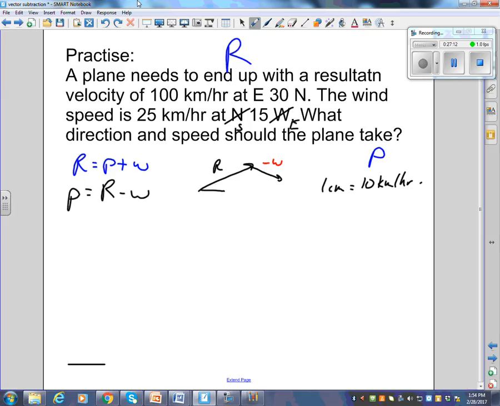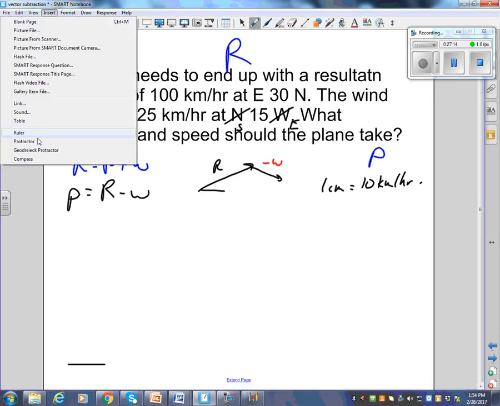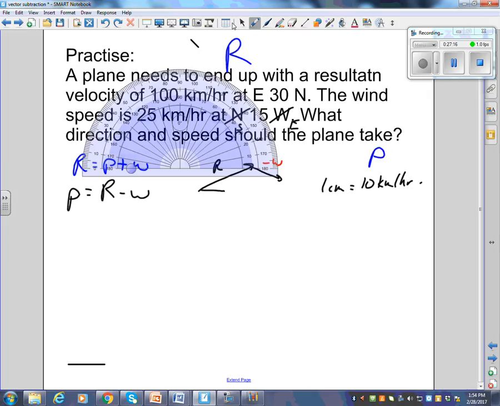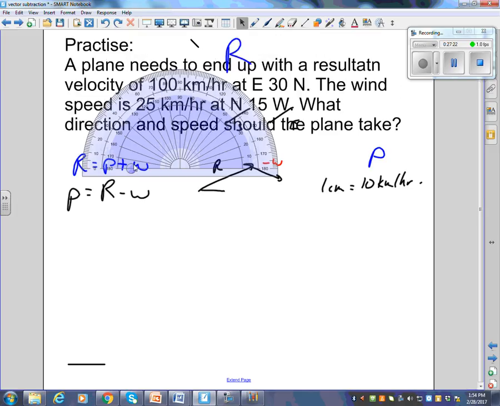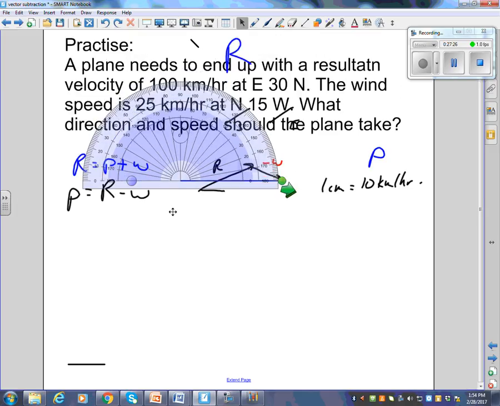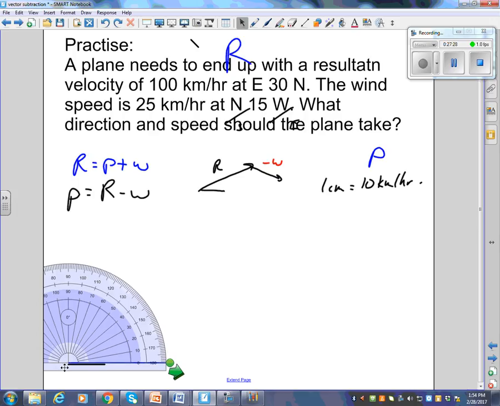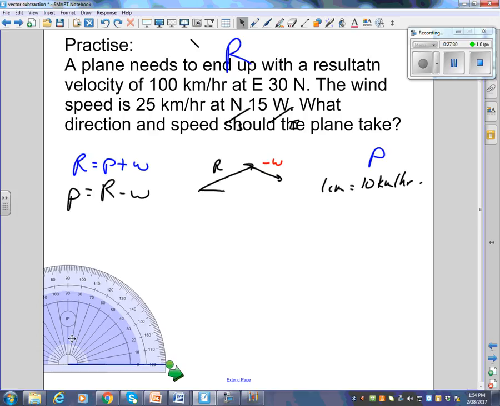So I need a protractor. Insert protractor. From there, I'm going to go east 30 north. 30. Right there.